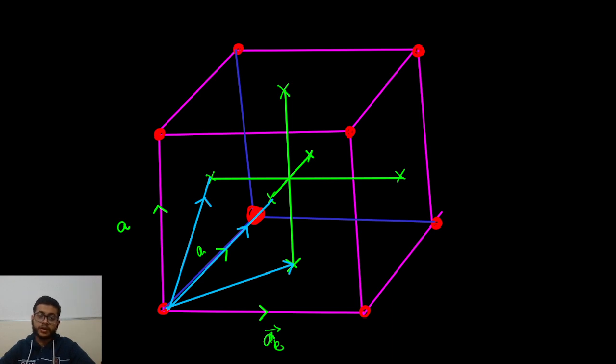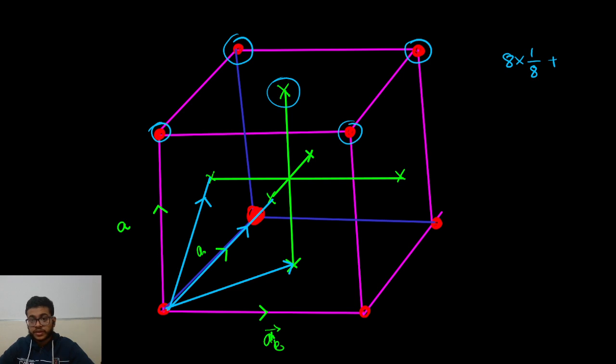So they form a parallelepiped in which there is exactly one lattice point. Because in this cubic cell, how many actual lattice points are there? These corner lattice points are shared between 8 cubes, and they are 8 in number, so 8 into 1 by 8. But these green lattice points are shared only between 2 cubes, and they are 6 in number. So that is 4. There are 4 lattice points in this cube. But a primitive cell can only have one lattice point. It can't have multiple lattice points.